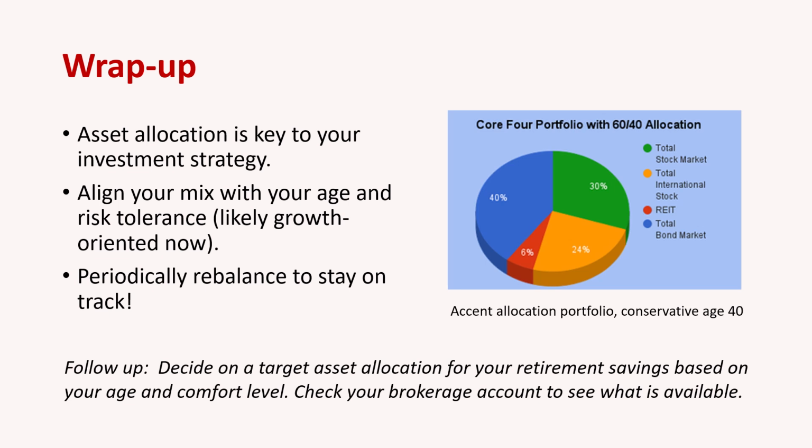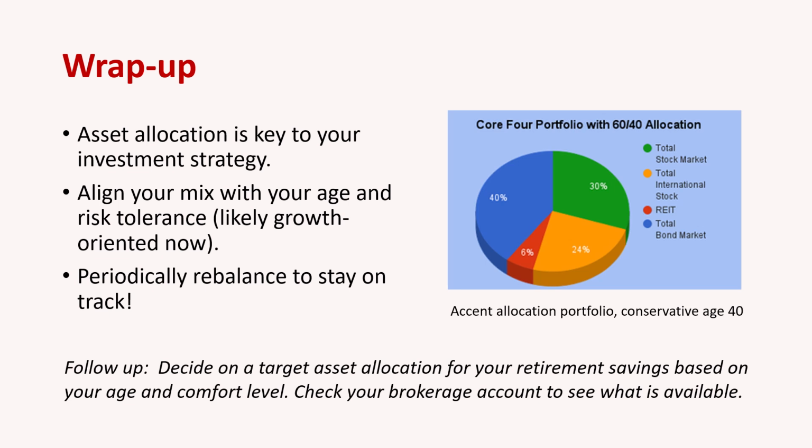Okay, let's now bring it all together. What are the key takeaways from this lesson? Remember, asset allocation is key to your investment strategy. It is the foundation upon which your financial growth will be built. Align your investment mix with your age and risk tolerance.